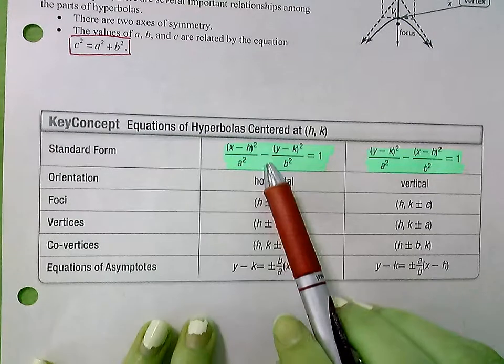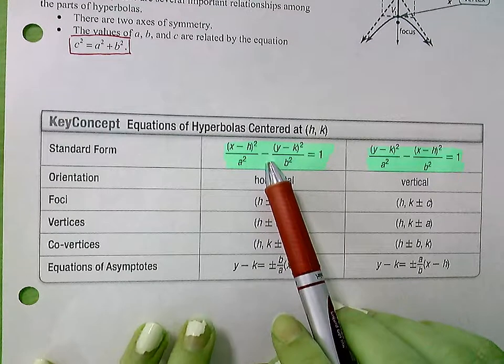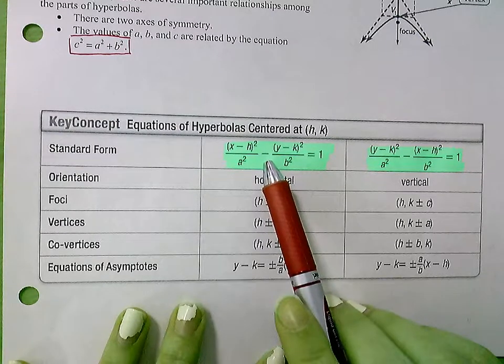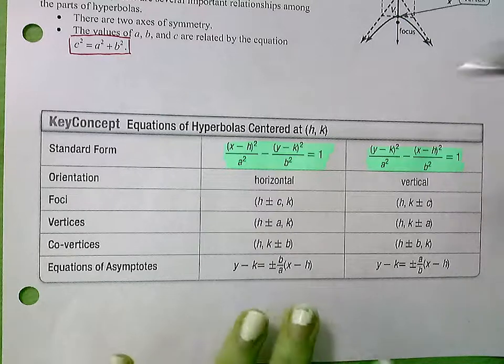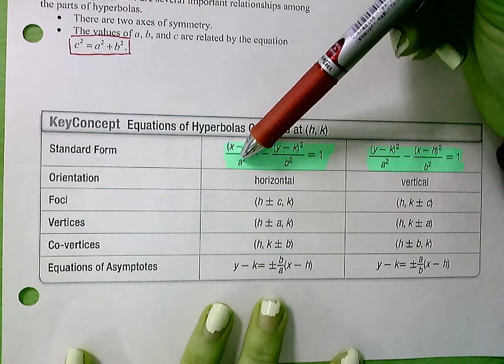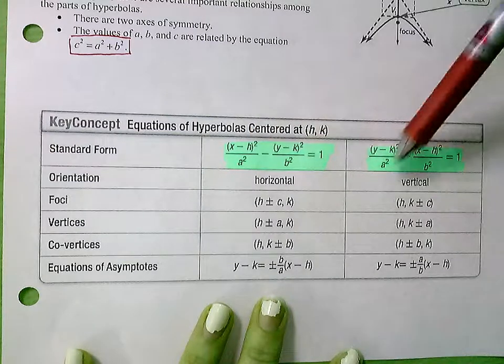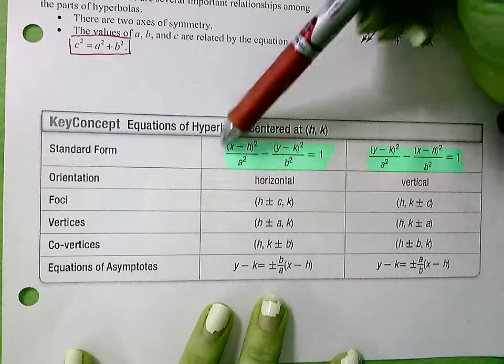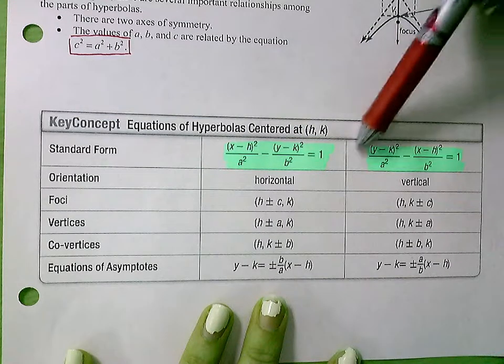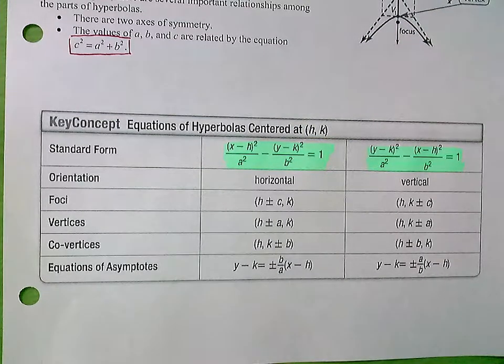With ellipses, we were adding. Now with hyperbolas, you're subtracting those. Your a squared value is always going to be in that first denominator, in each. But you may have to switch your x minus h squared and your y minus k squared, depending if it's horizontal or vertical.